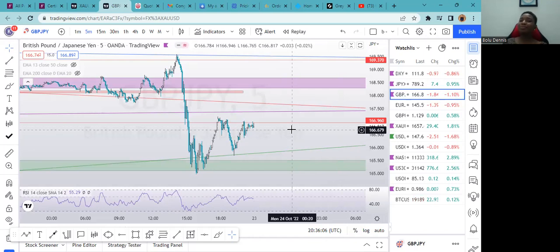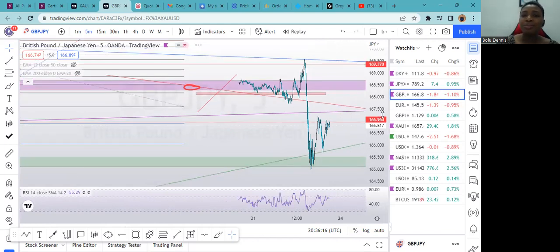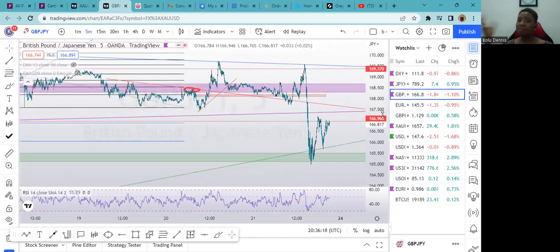So I saw GJ in 169. And then in the afternoon when I checked, I saw it at 165. I'm like, bro, mentally I put a thing that ultimately we are going to get to this 4-hour zone that I've put here.